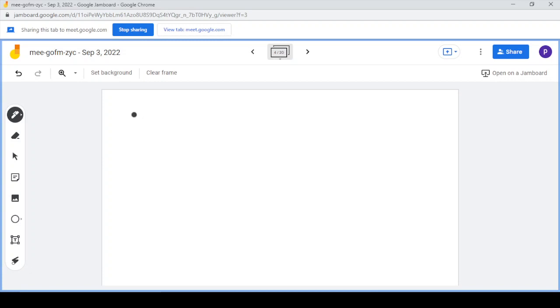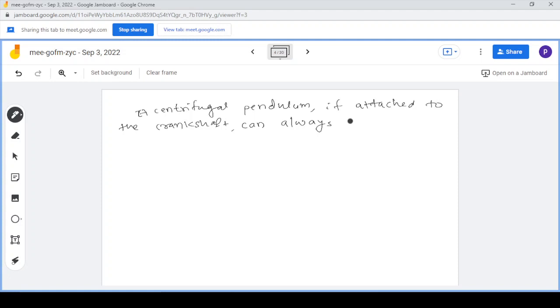Now let us take this case that if we attach this centrifugal pendulum to the crankshaft, it can always remain tuned to the exciting frequency.